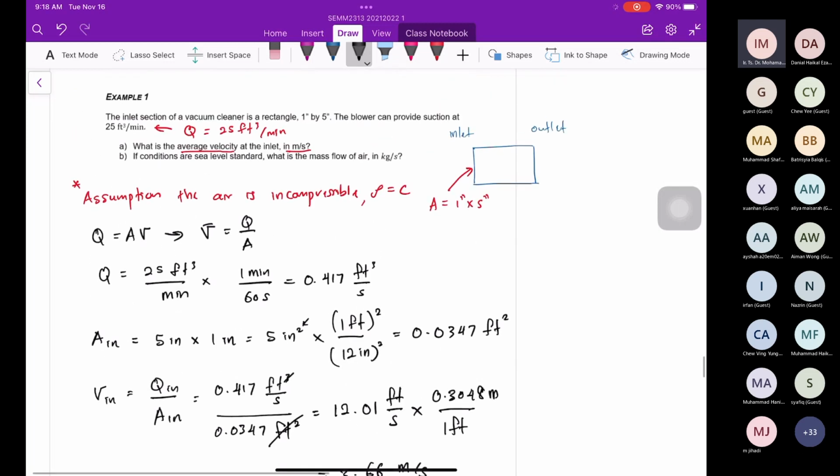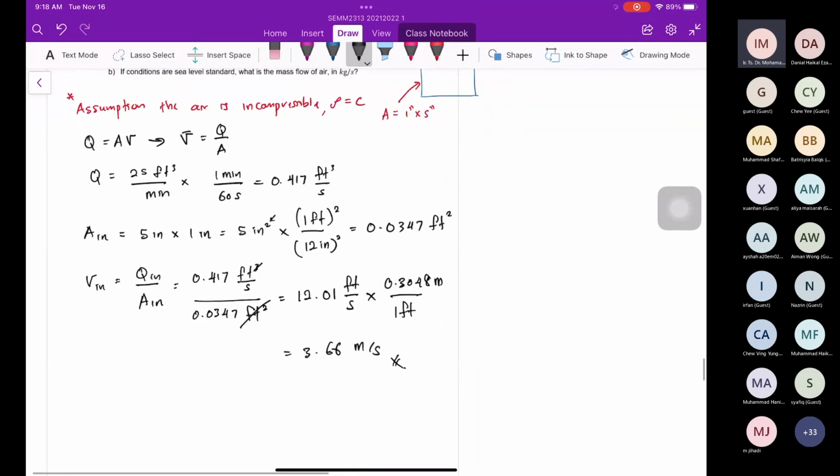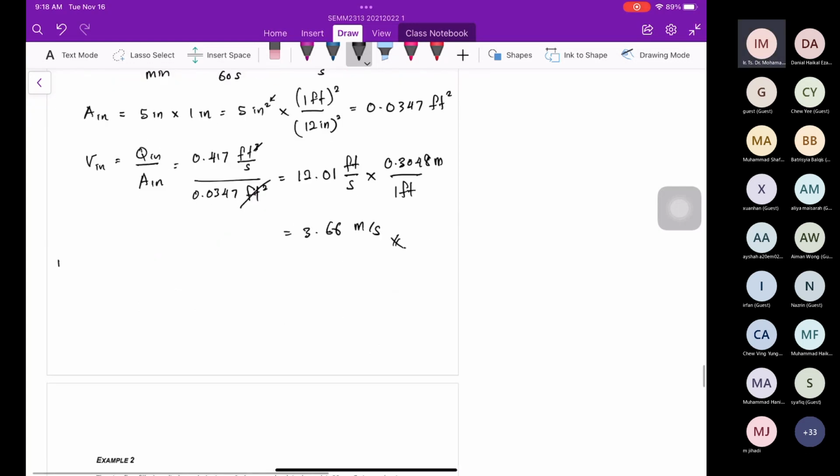The second question: if the condition is at sea level, what is the mass flow rate? How to get mass flow rate? The formula is rho A V, where A times V is the volume flow rate.